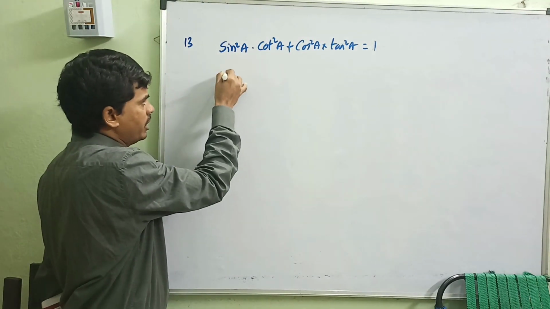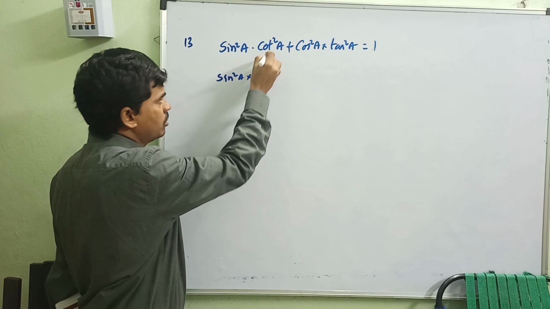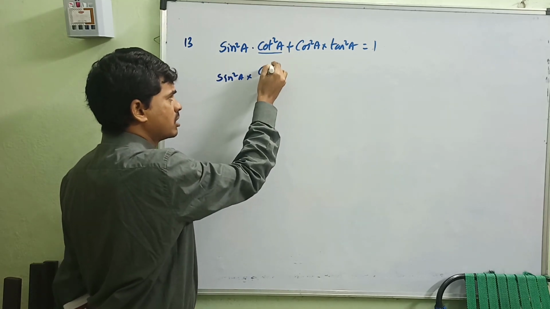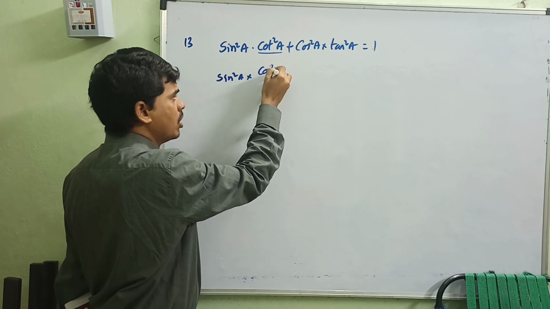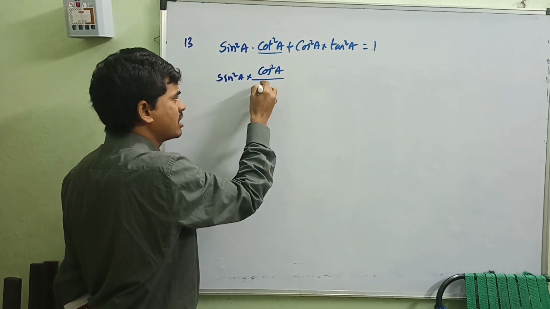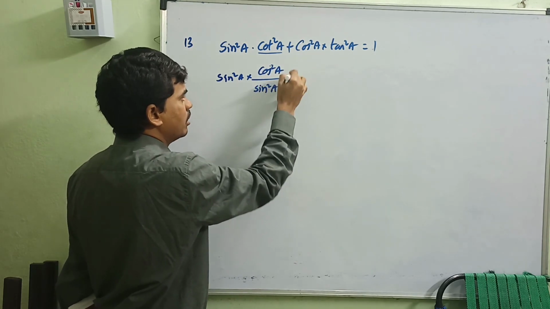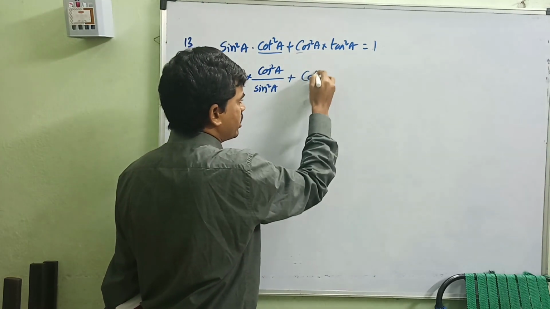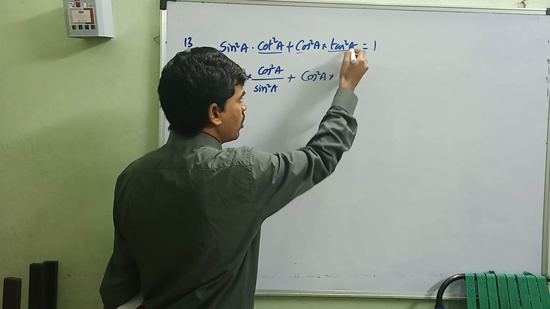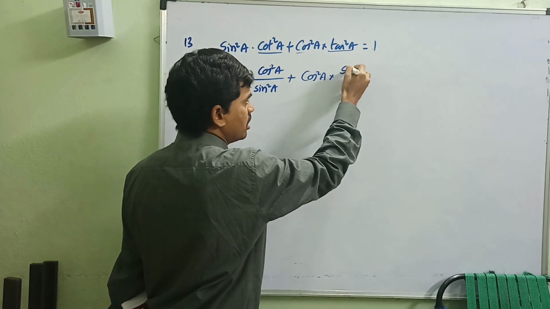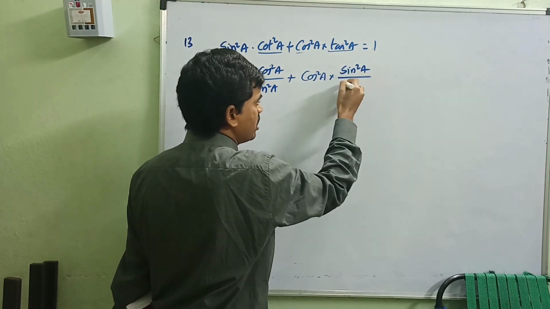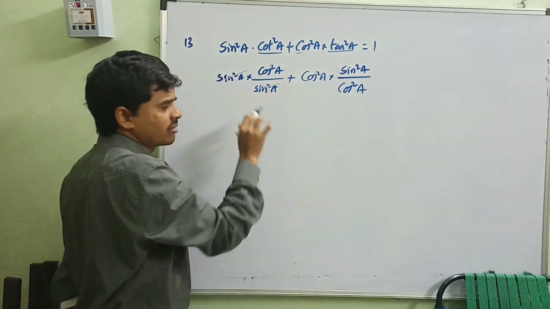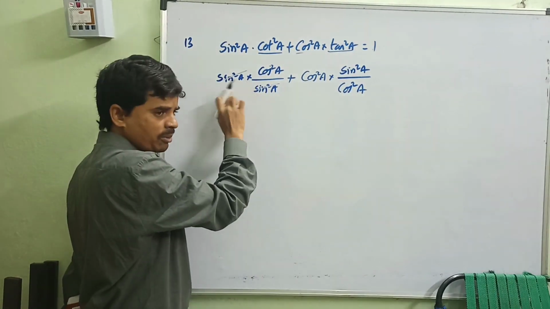First sin square A into cot square A, what is the formula for cot square? Cos square A by sin square A, plus cos square A. Don't change anything else, cos square A let it be, only tan square A change to sin square A by cos square A. Sin square A gets cancelled because they are under multiplication.